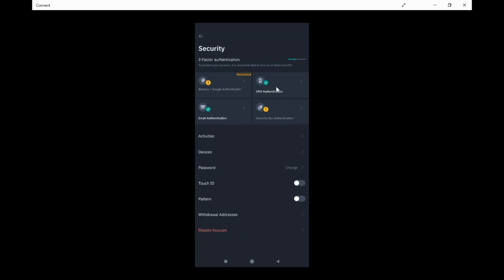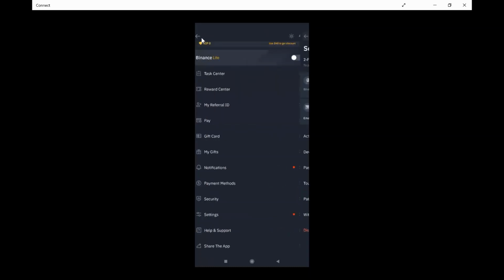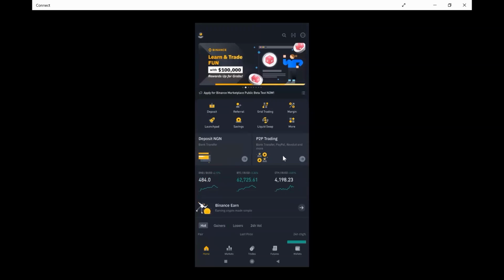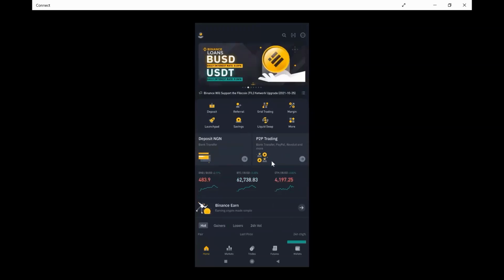Then you come back and get your SMS authentication by entering your SMS number, Binance sends a code to your SMS, and you input that code and get verified. Your phone number gets authenticated. Make sure you do that before you proceed, because without that, you wouldn't be able to participate on the Binance P2P trading platform.